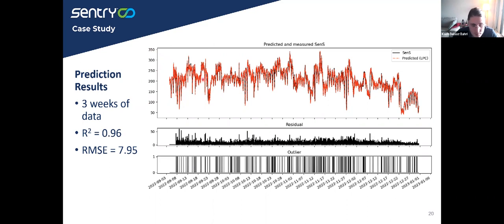You can see the predicted line and the actually measured sentry line are aligning pretty well. And we have residuals here, which are the difference between the sentry line and the predicted value. We can see we have some spikes here, and these are the outliers based on the comparison of the residual and the outlier threshold.